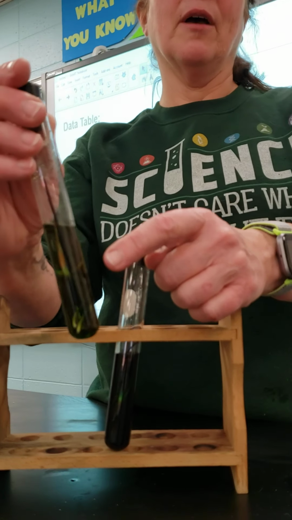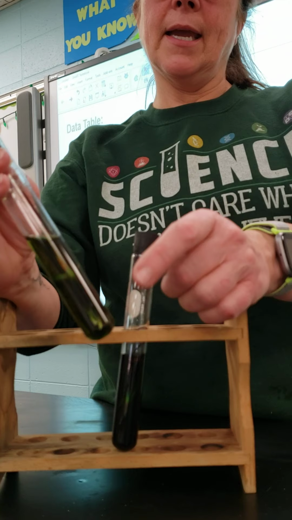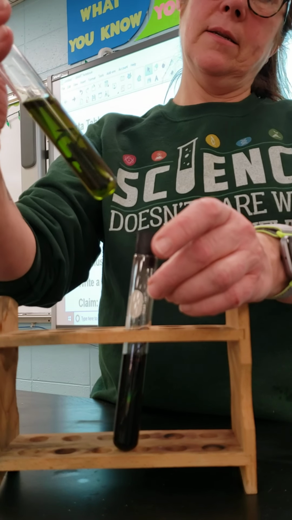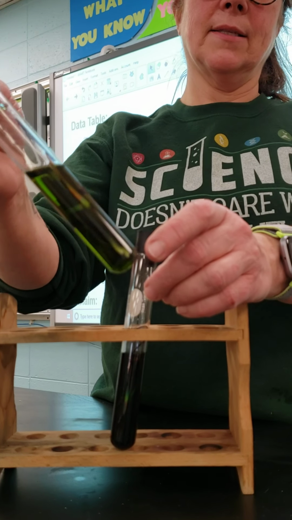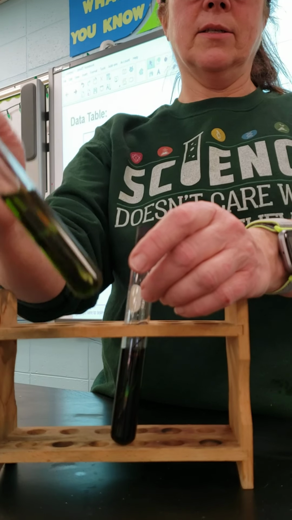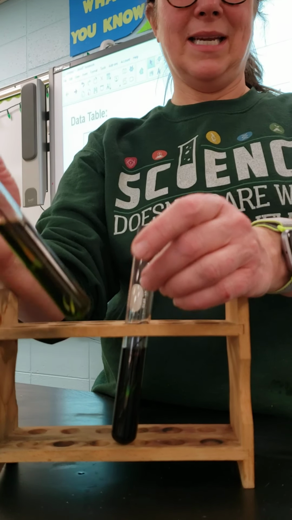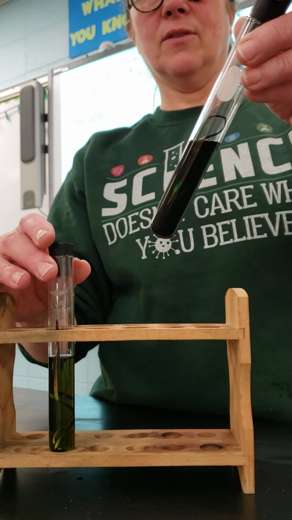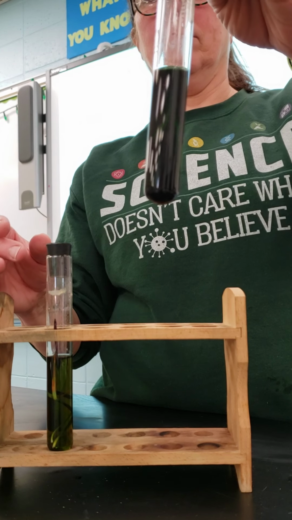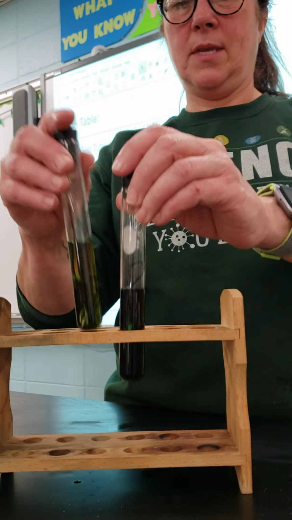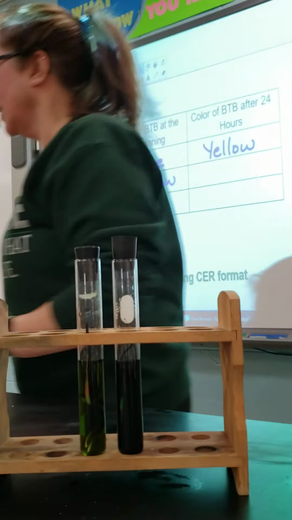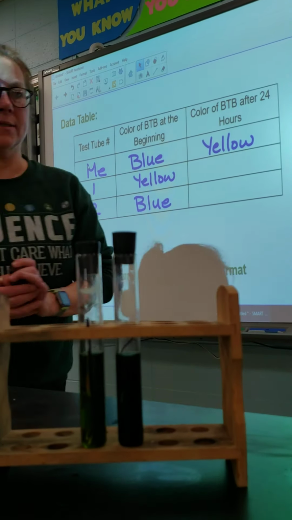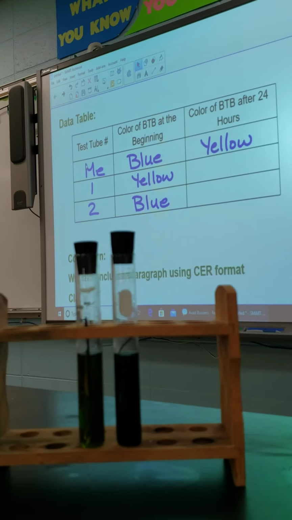Remember, this was the one that was yellow, and I left it overnight, and now it's green. So what does that mean? This is the one that was blue. It's still blue. Okay, so this one definitely changed. So what does that mean?